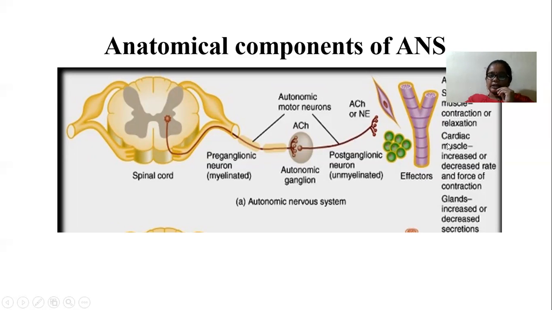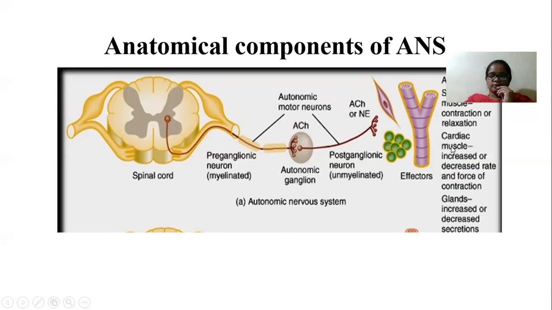Effectors like heart muscles, smooth muscles, and glands, causing either contraction or relaxation. In cardiac muscles, either the heart rate is increased or decreased, or the force of contraction is increased or decreased, and gland secretion is increased or decreased. So the actions of cardiac muscles, gland secretions, and smooth muscle contraction and relaxation are all controlled by the autonomic nervous system, and this is not in our control.